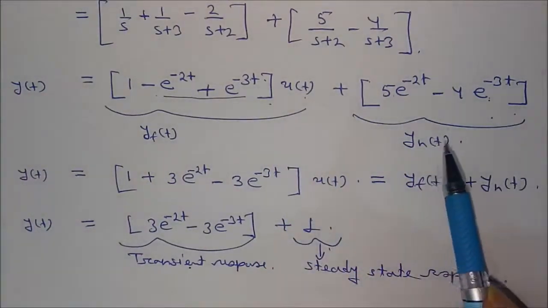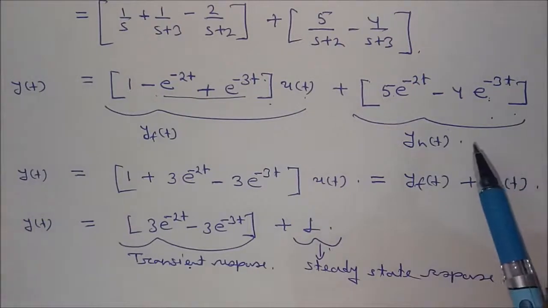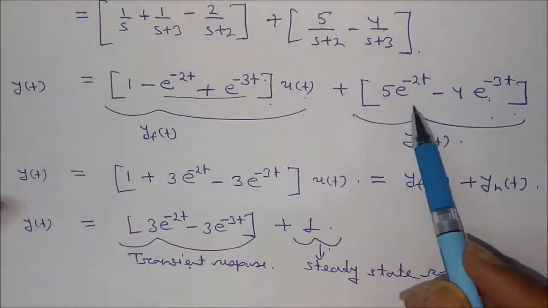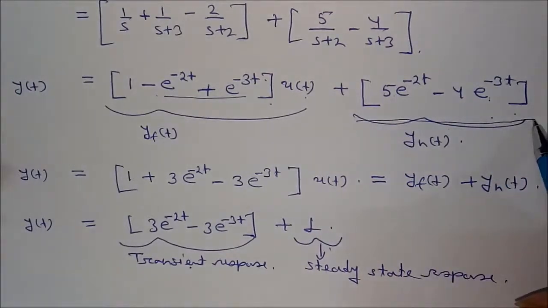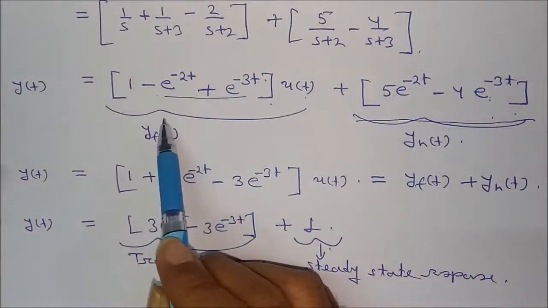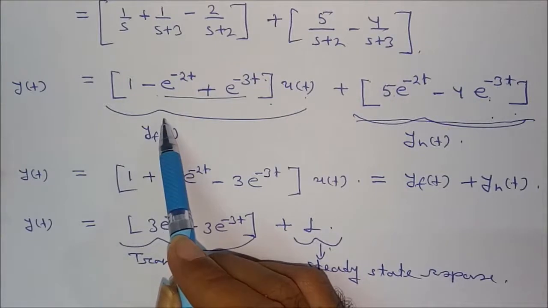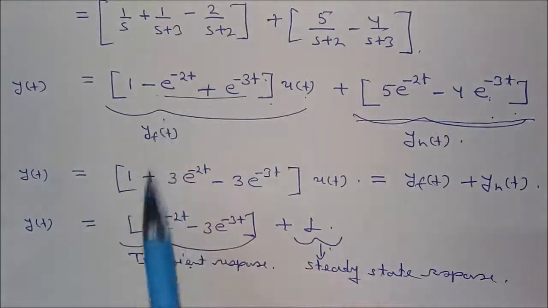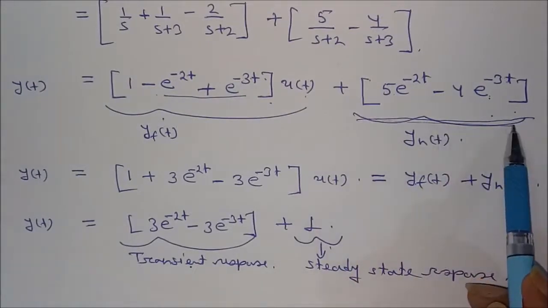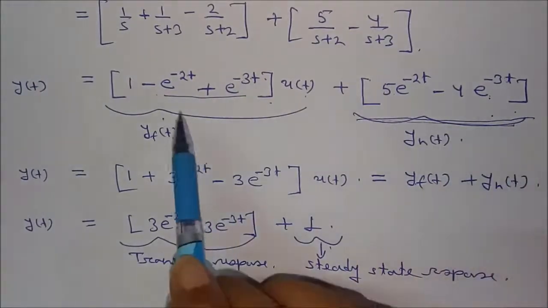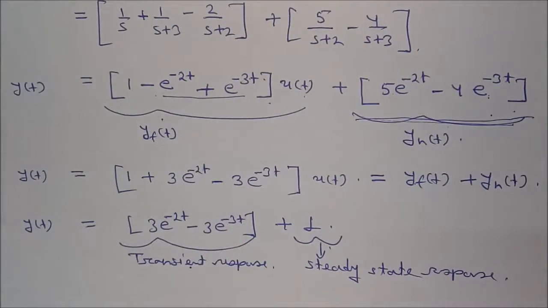So a transient response is contributed entirely by the natural response and some part of the forced response, or the entire part of the forced response.